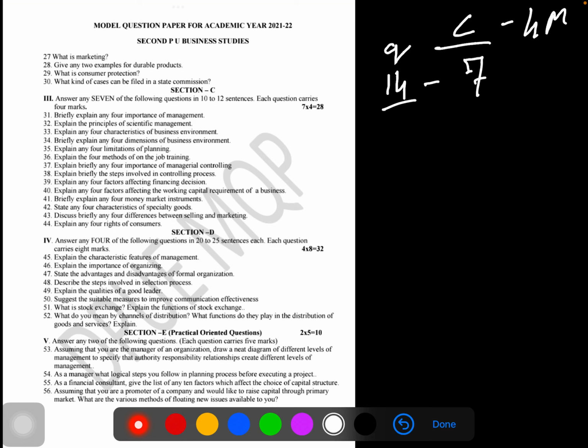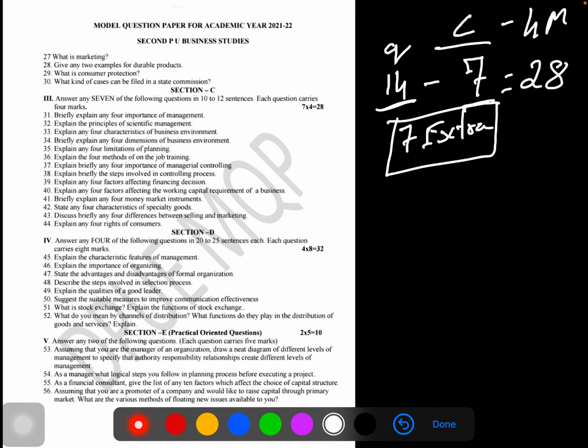In that case, you're going to score 28 marks. That means you will have 7 extra questions. Isn't it an easy choice for you guys? You have so many extra questions, so you can skip a few of the chapters while reading. You can go with smart work, just like in Economics where I explained. I'll definitely explain which chapters you can skip and how you're going to read, the strategy, in the next videos of mine. So 7 extra questions you will have.